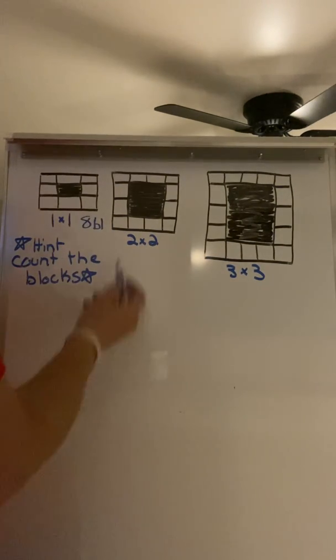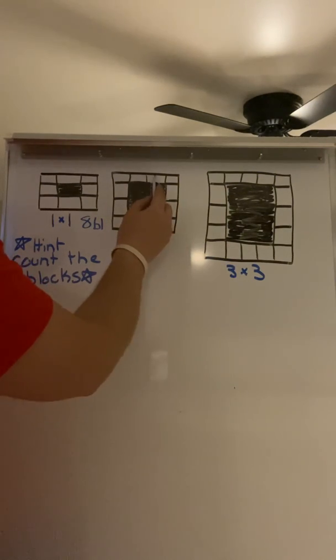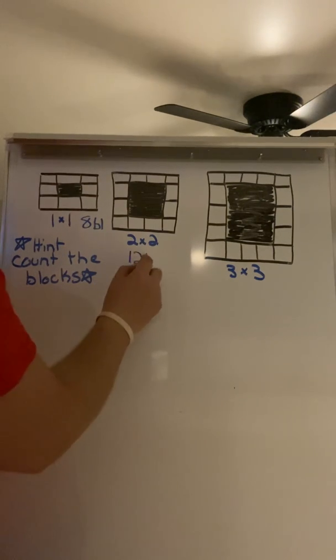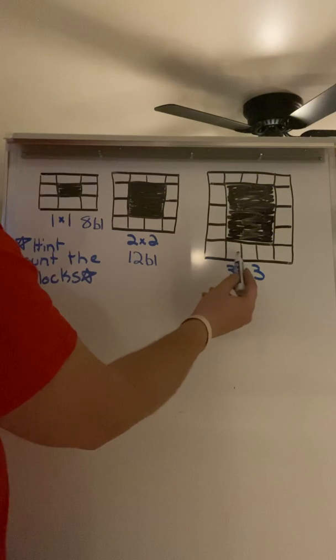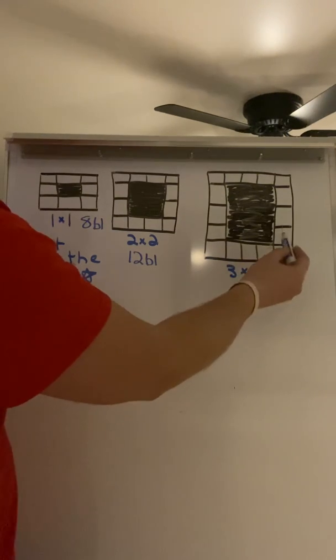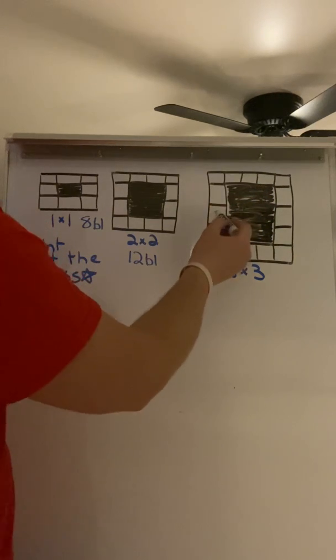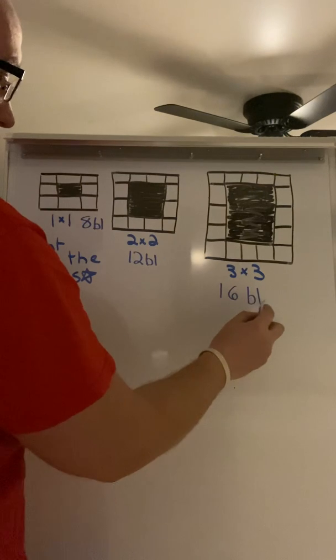Count the 2-by-2. 1, 2, 3, 4, 5, 6, 7, 8, 9, 10, 11, 12. Here we have 12 blocks. And over here, we count 1 through 16. We have 16 blocks.